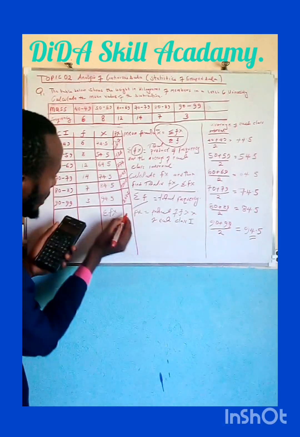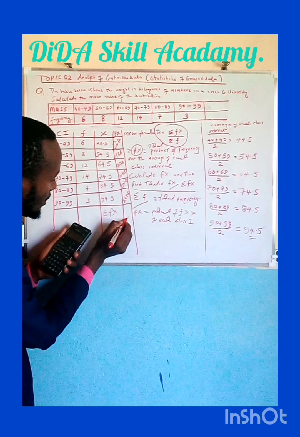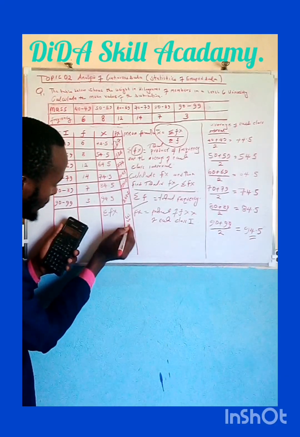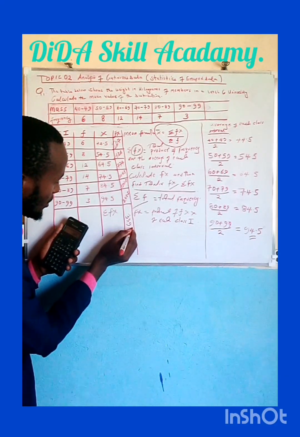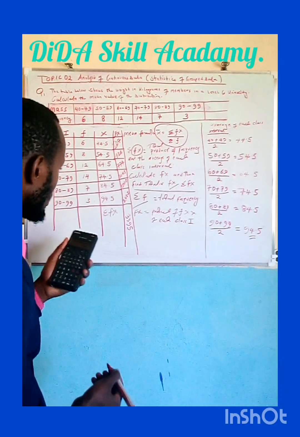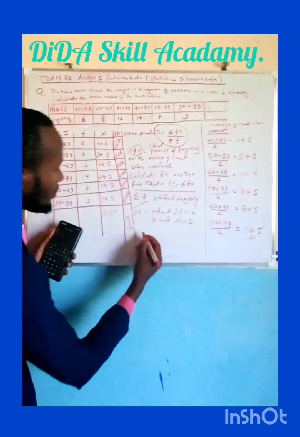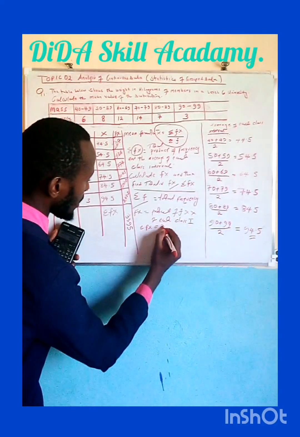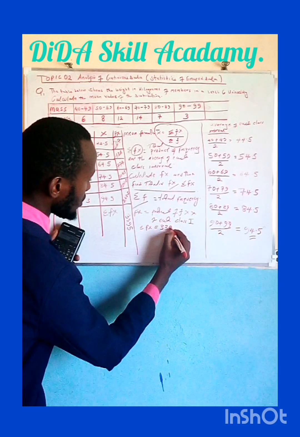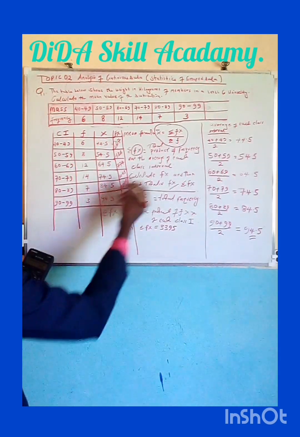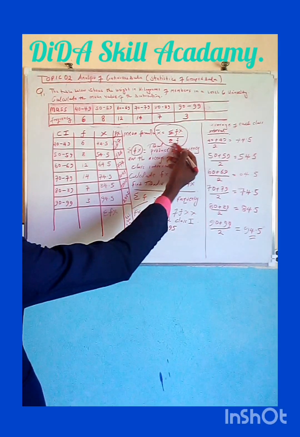Therefore, we will get 3395. Therefore, our summation of fx is equal to 3395.